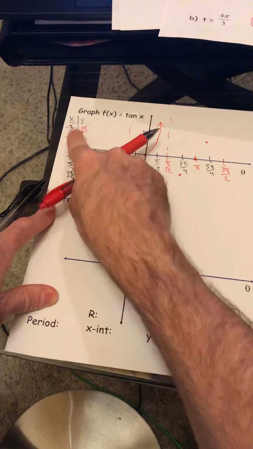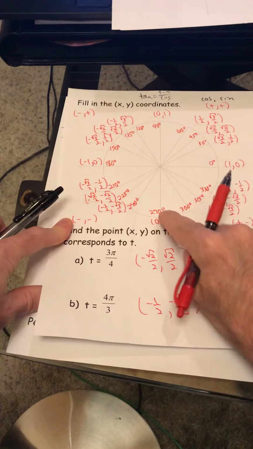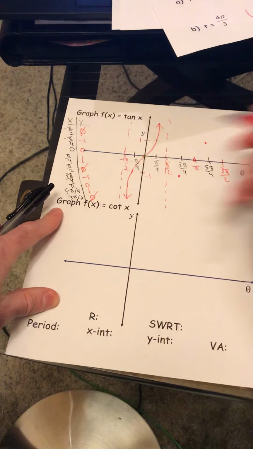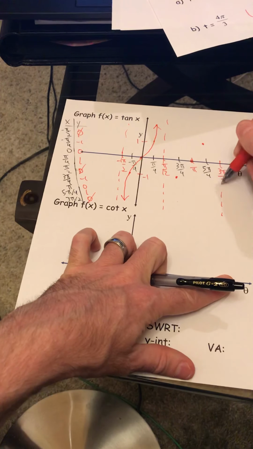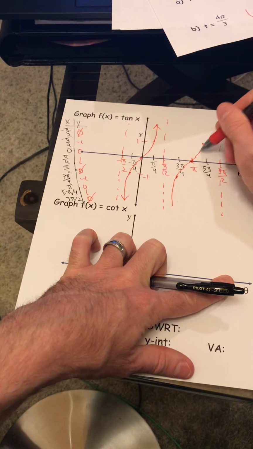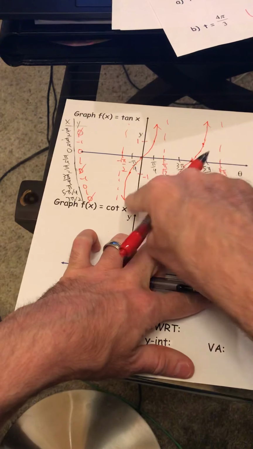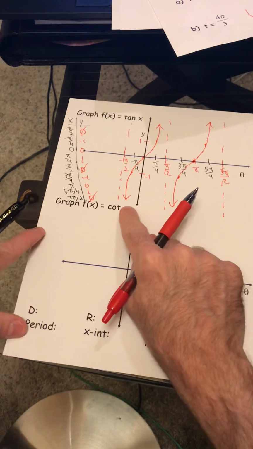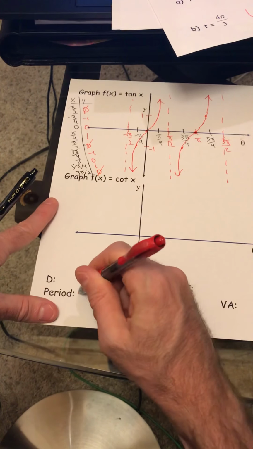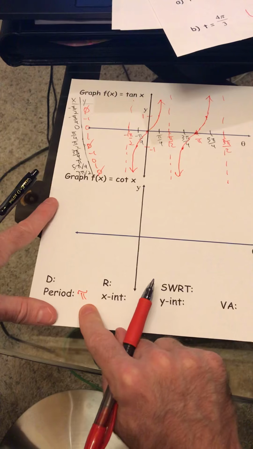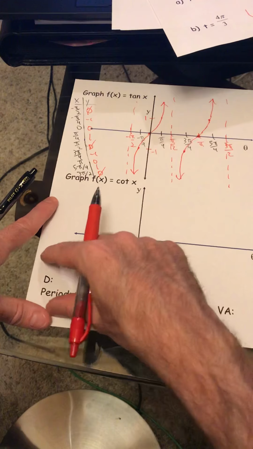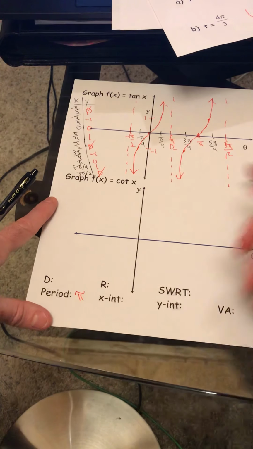And then, since negative pi over 2 and 3 pi over 2 are the same thing, we are back at our next asymptote. It's in theory a mirror image of what we just did, because tangent has a period of pi, which means we can even, if you want, fill in down here. Cotangent's period is pi. We've discussed all of this for tangent already. That's why we do not have any of this for the cotangent graph.